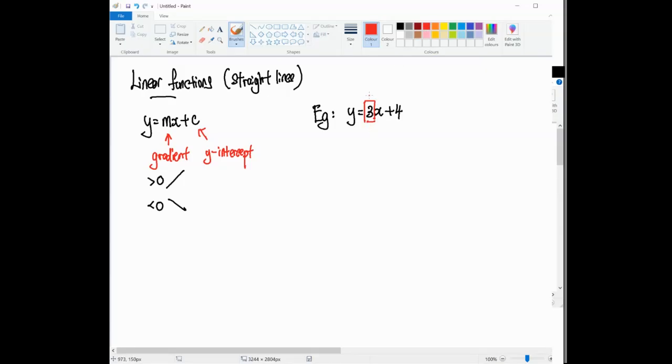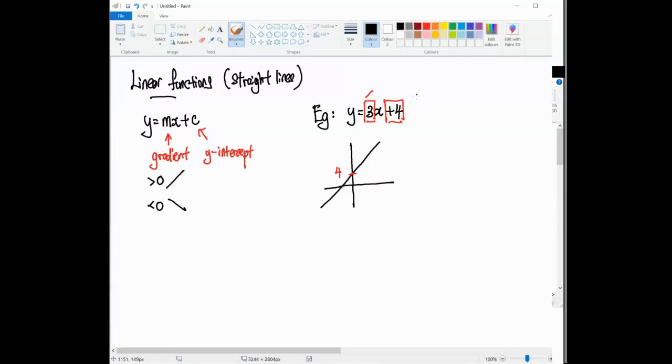The gradient is positive, so it is upward sloping. And the y-intercept is positive 4, so it will pass through 4 on the y-axis. So the graph looks like this. So this is the y-intercept 4.